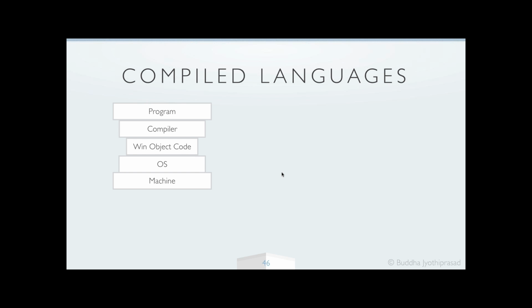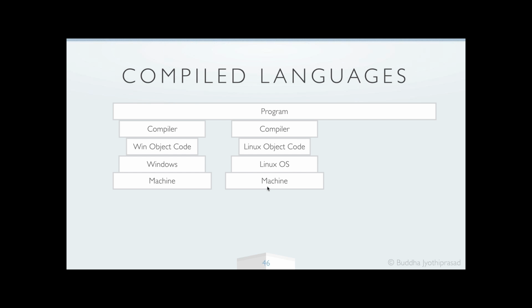But the problem is if we execute that compiler on our Windows, it will generate a code that is suitable for Windows, so it can only run on a Windows machine. If we want to run it on Linux, we have to use another compiler that compiles it to Linux object code. And if we compile it on Macintosh, we have to use a different compiler and another code.